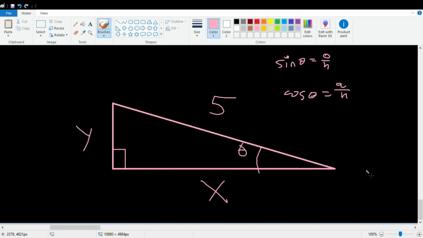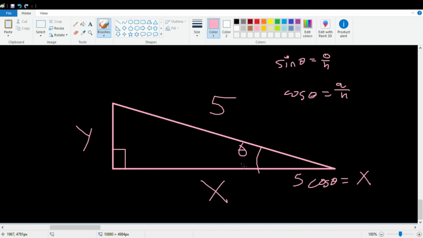So that's cosine theta equals x over 5. But we already have theta. We are looking for x. All we have to do is rearrange for it. The way we do this is multiply both sides by 5, cancel out, and that is our side length.